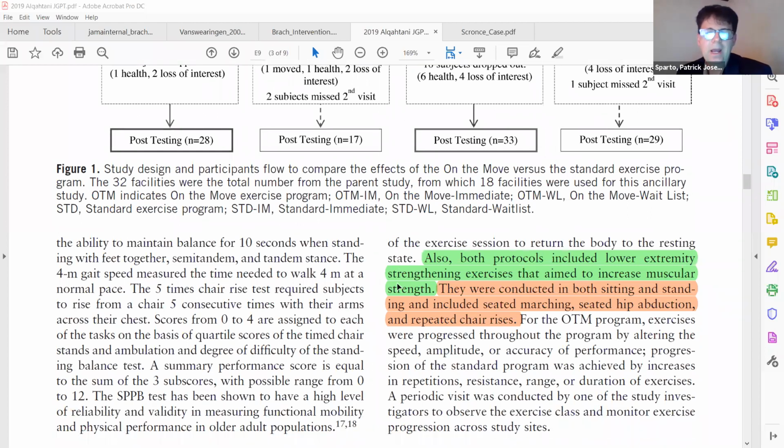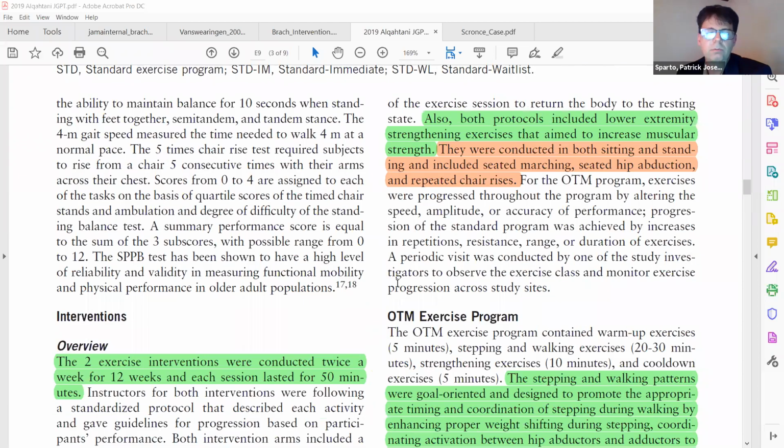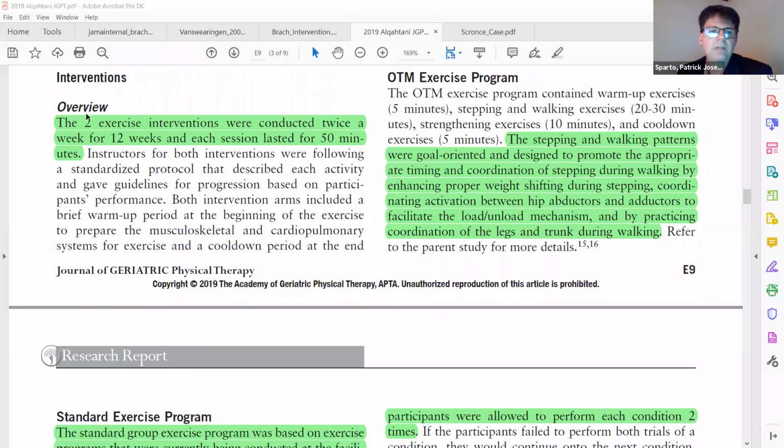All right, so now we can talk about, well, what was the actual intervention? And if we see here in the left-hand column, both the standard and the on the move were conducted twice a week for a period of 12 weeks, and each session lasted for 50 minutes.